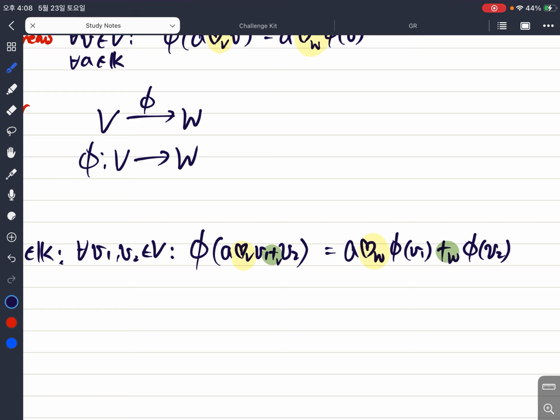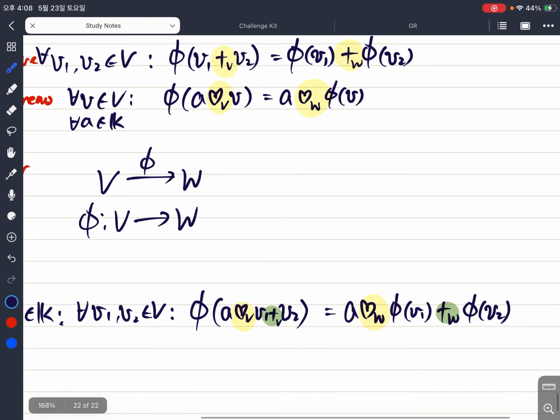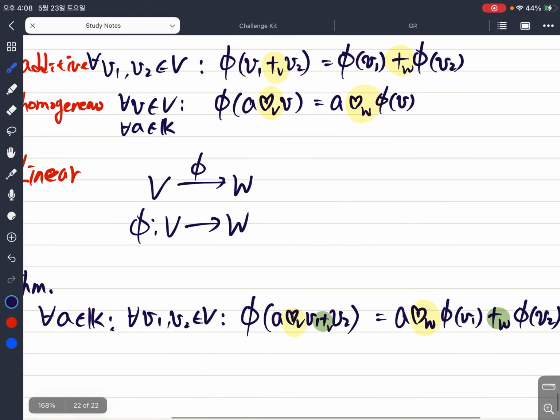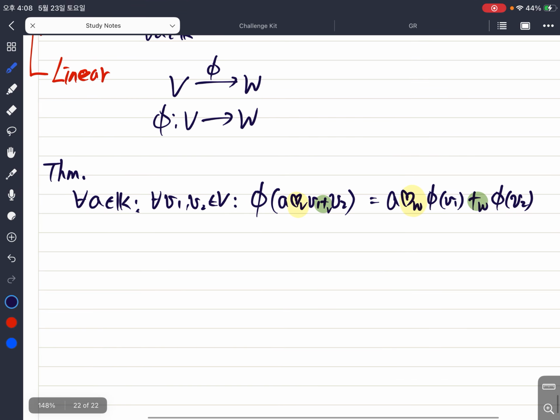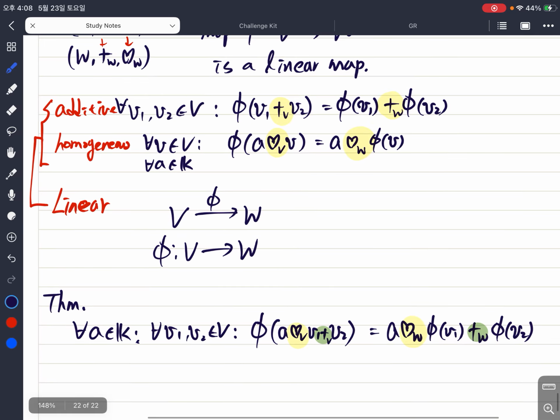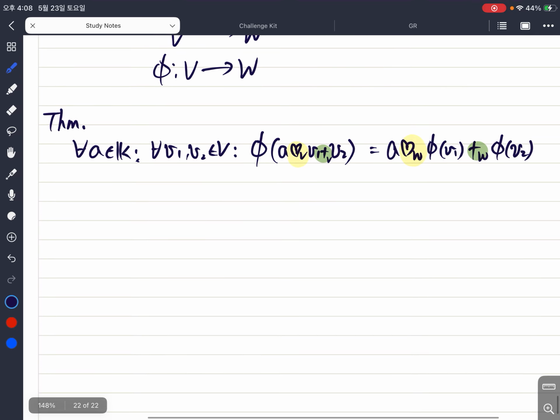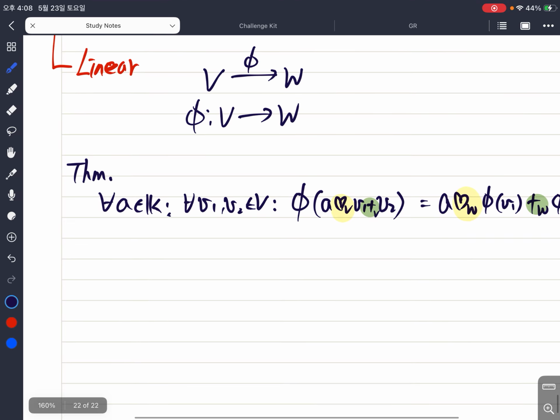By choosing a equals 1, you get the additive condition. So if you check that this is always true, the above two conditions are always true. So you can just check this, then it is linear.